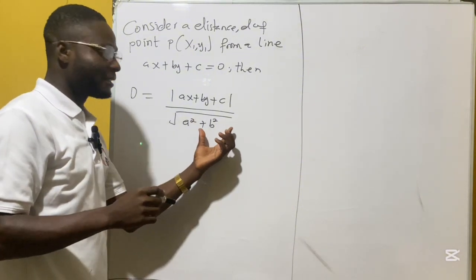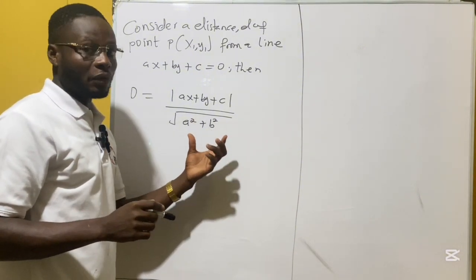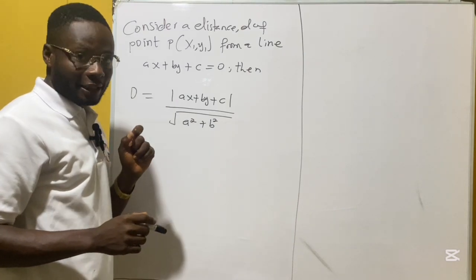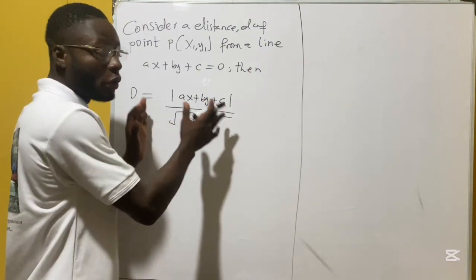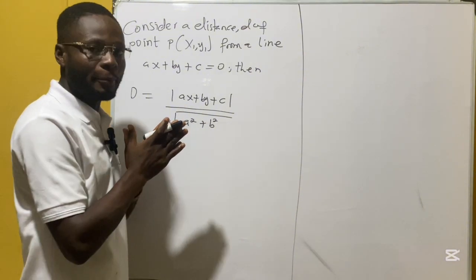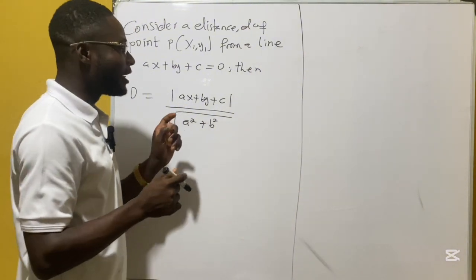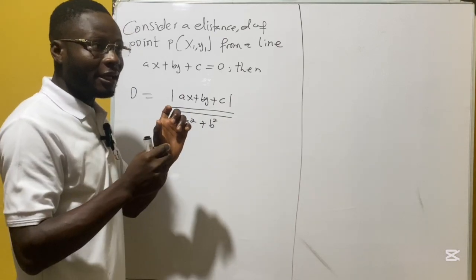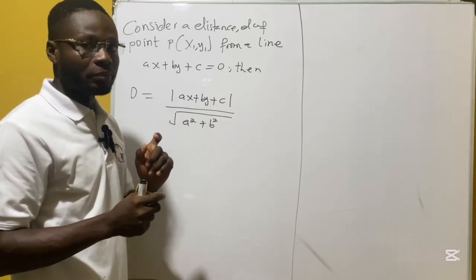So this is the formula for the distance of a point from a line. We all know this. But the reason why we are here is to derive this formula, then we will use it to solve problems.